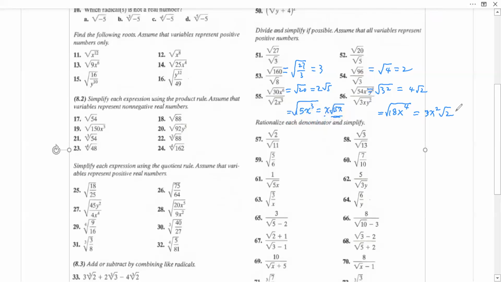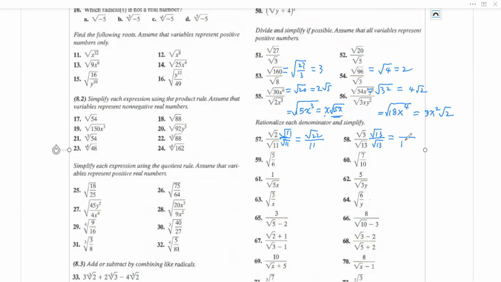The last section says rationalize. I know rationalize means I make the denominator have no radical, right? So for this one, multiply both top and bottom by square root 11. So you make it easy, right? Multiply both top and bottom by the same thing.